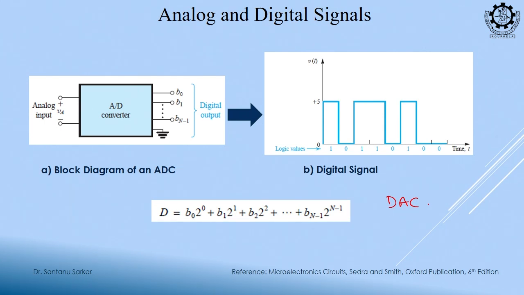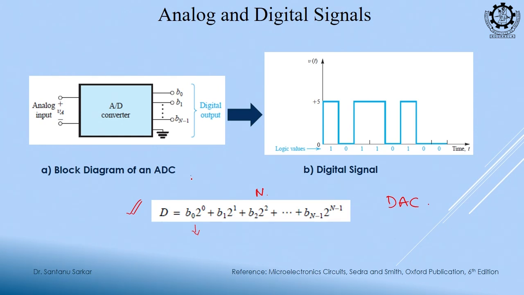ADC and DAC. Now, if we talk about this digital signal, this is a binary digital signal: B0 times 2 to the power 0, plus B1 times 2 to the power 1, and so on. So, it is an example of up to n bits, right, 0 to n minus 1, n bits. Now, this bit, you can understand that its weight is the minimum, right.